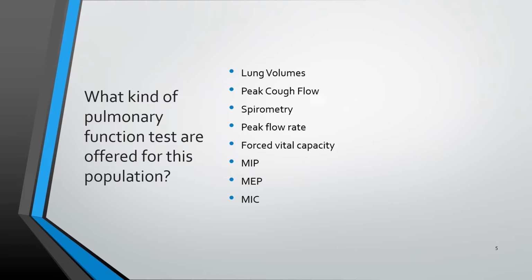Spirometry is another very important test. When we do spirometry on these particular patients, we are looking at the FEV1 and the forced vital capacity. Typically, FEV1 and forced vital capacity are both reduced in this population.